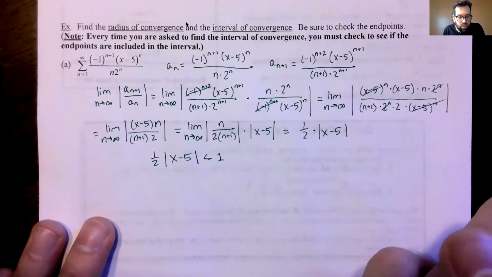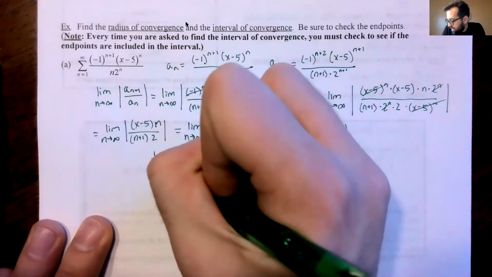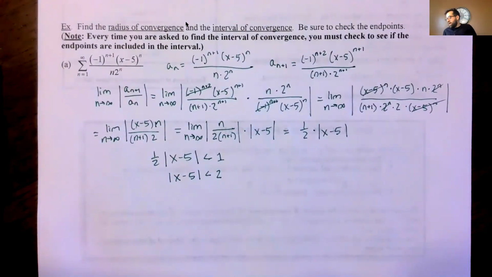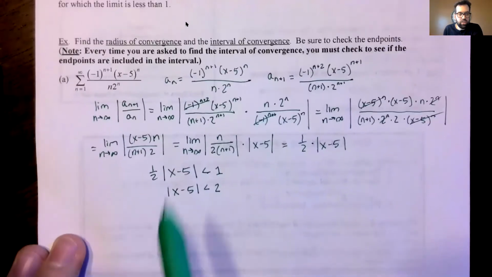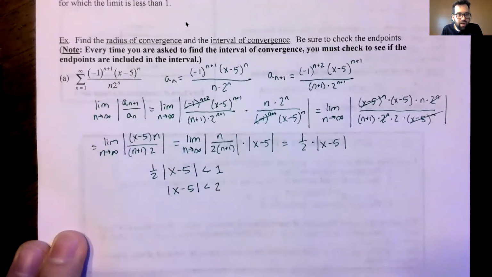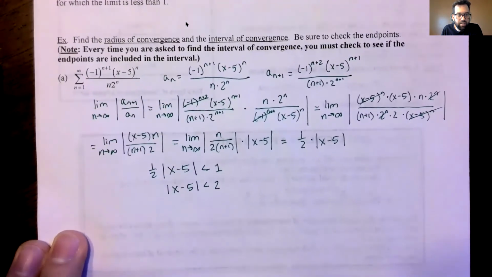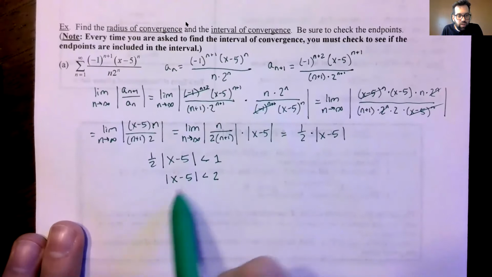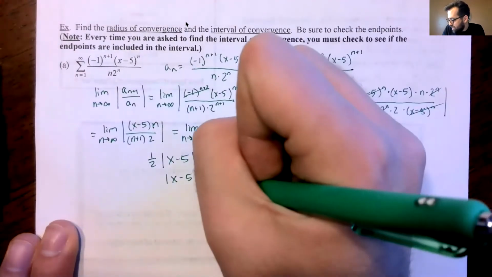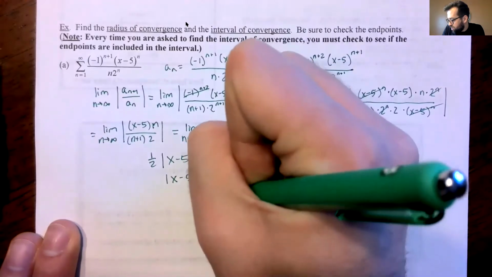Well, I can multiply 2 on both sides and we get that the absolute value of x minus 5 has to be less than 2. And that's sort of where we're going to pause because we were initially centered at 5. We had x minus 5 in our original statement of the series. So we know that the absolute value of x minus 5 is less than 2. That's telling us that this is our r.